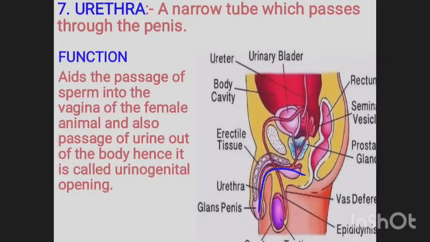Now, it aids the passage of sperm into the vagina of the female animal, and also the passage of urine out of the body. So we can call it the urinogenital opening. So that opening at the penis where the urine passes out, or where the sperm passes out, is referred to as the urethra, and you can also call it the urinogenital opening.